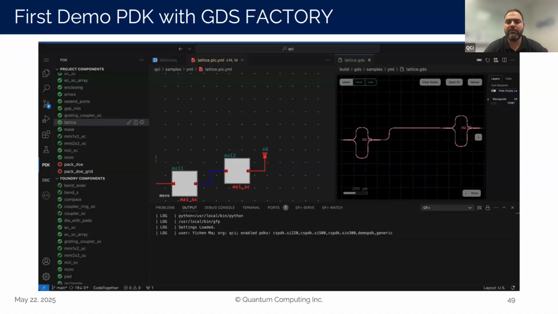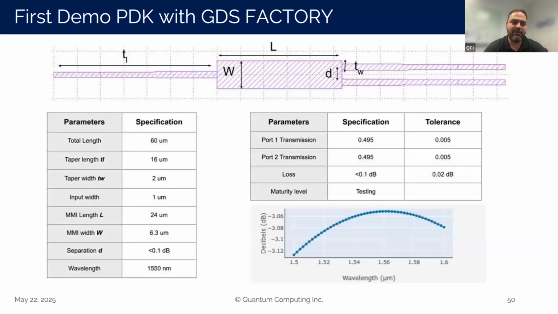Again, our approach to MPW is to minimize the pain that designers go through, and we want you to just focus on the design and not have to learn 15 different fields just to design the photonic integrated circuit. You can see some of the data that is available on the PDK.